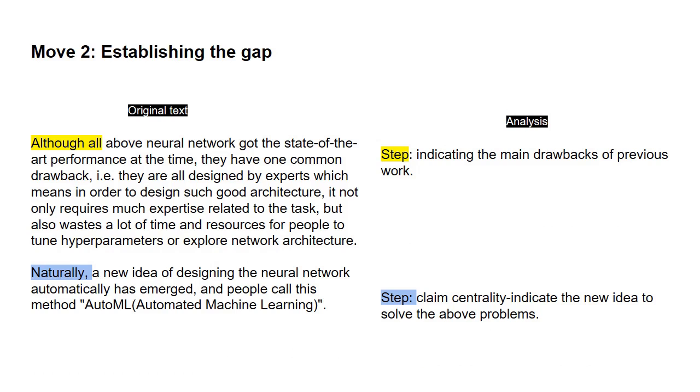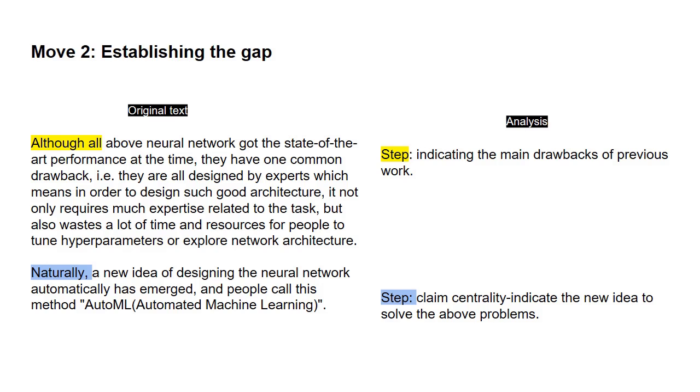Here is move two, to establish the gap. The first sentence indicates the main drawbacks of previous works, which have many problems such as being time consuming and requiring lots of computational resources.